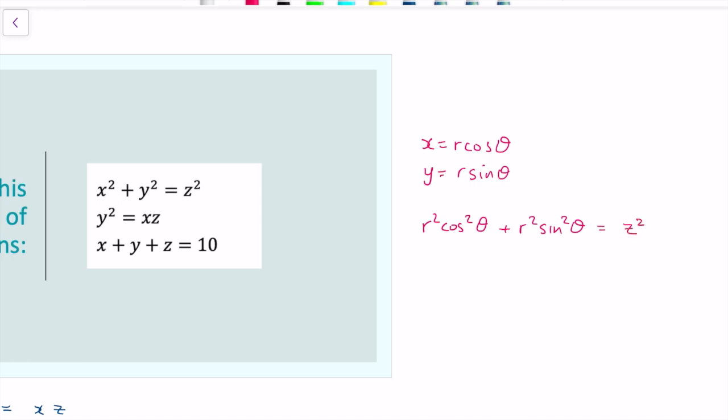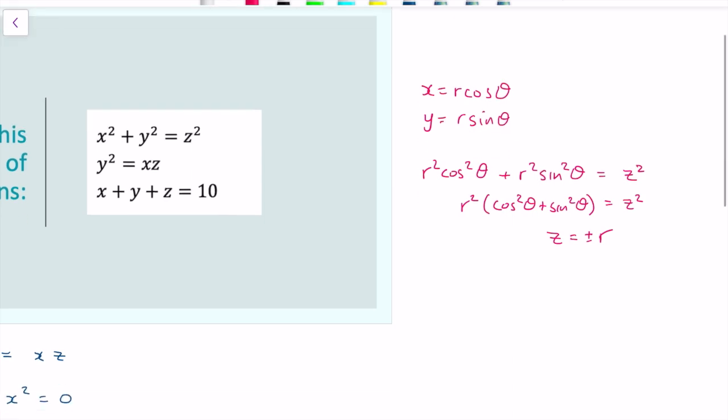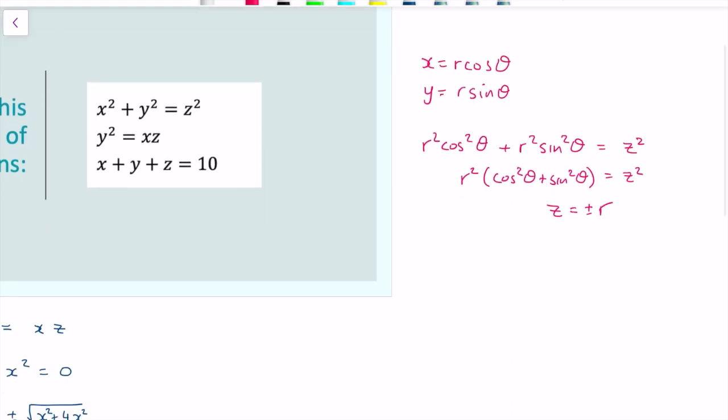And because cos squared plus sine squared equals 1, this factor equals 1, meaning that z is equal to technically plus or minus r, but we will just consider it being a positive number.